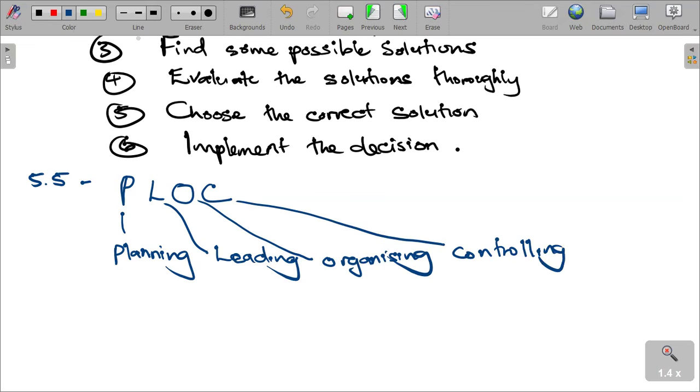POLC, an abbreviation for management functions.